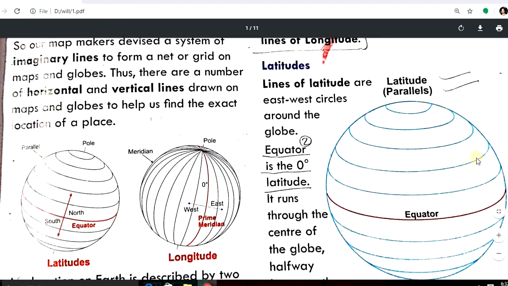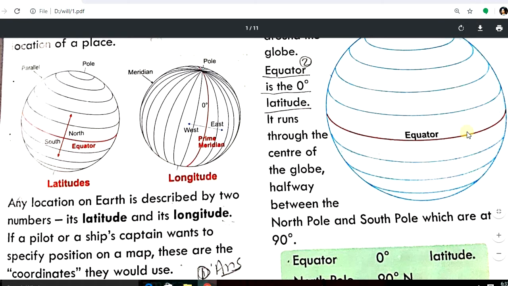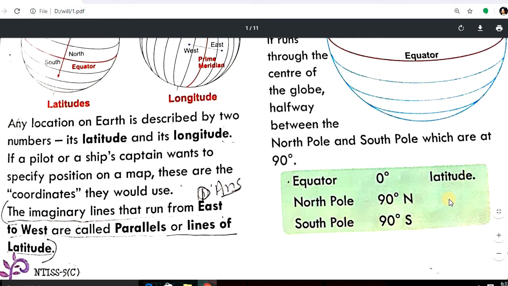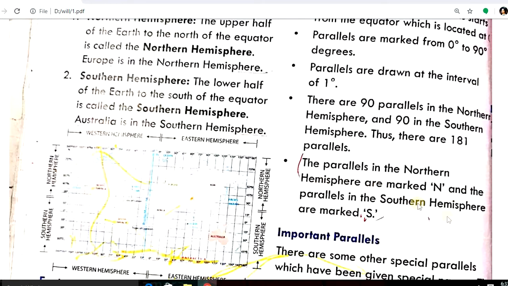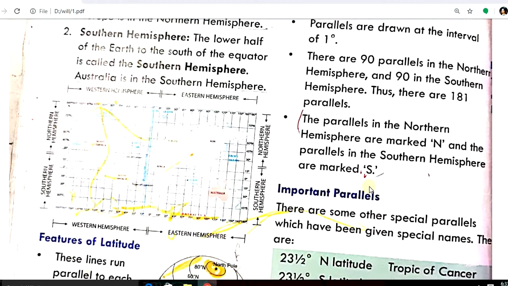Northern hemisphere में there are 90 parallels, and same southern hemisphere में we have to mark 0 degree to 90 degree. There are also 90 parallels. Total parallels are 181, and northern hemisphere में will be marked N, and here will mark S.